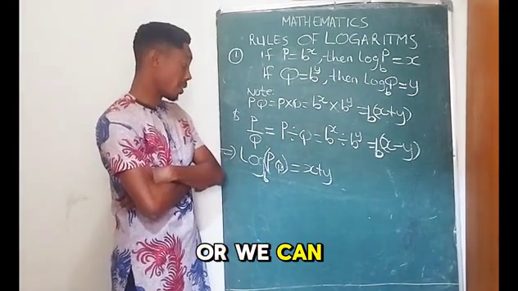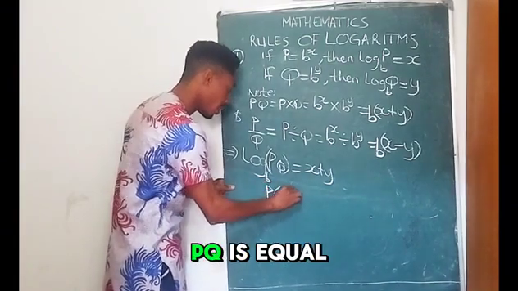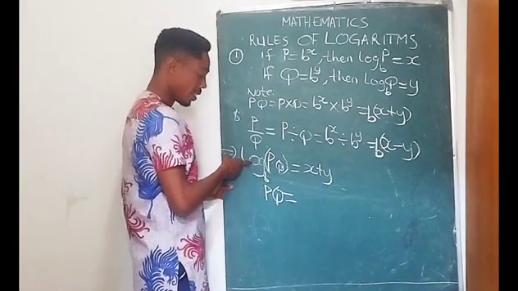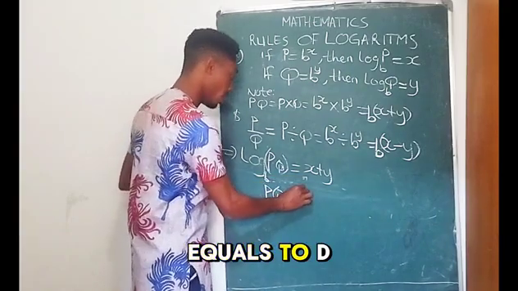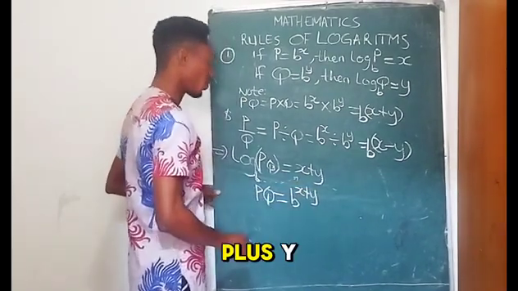Or we can say this, that pq is equal to b raised to the power of x plus y.